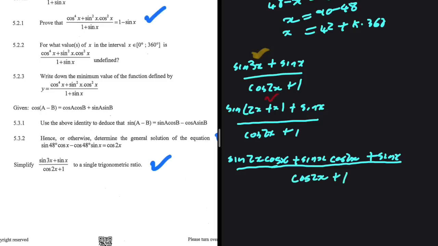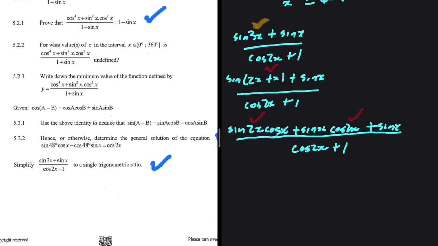Now we're going to further simplify our numerator. We have sine of 2x, which we can write in another form. The same is true with cos 2x, right? Cos 2x is equal to a couple of things. So we can also change cos of 2x. We're going to change sine of 2x to 2 sine x cos x.